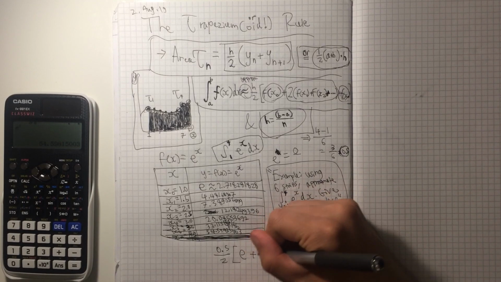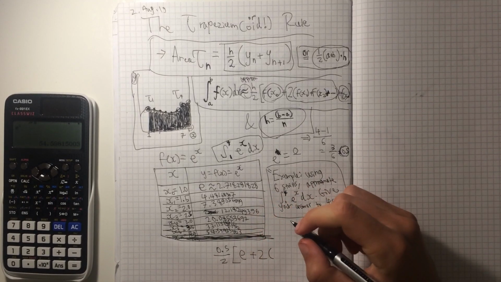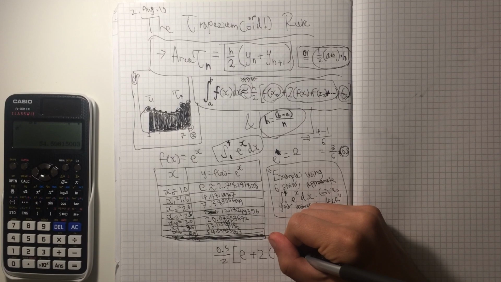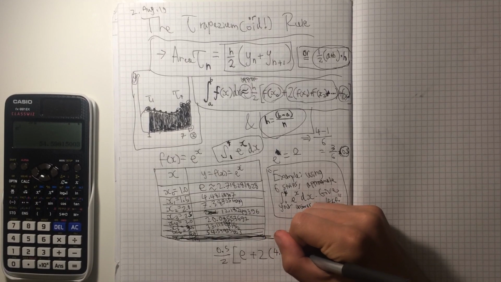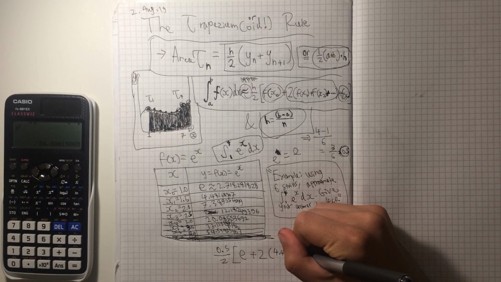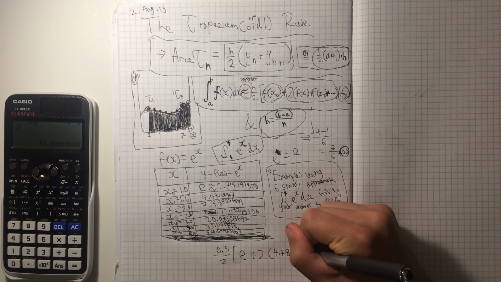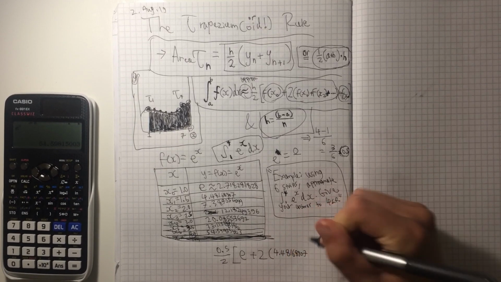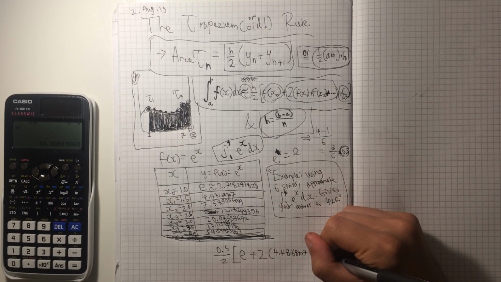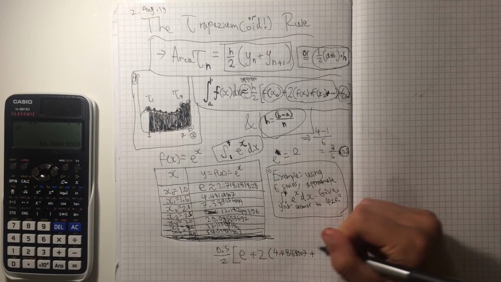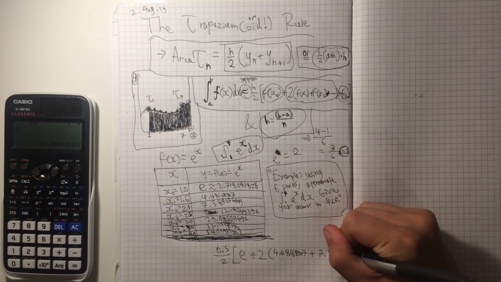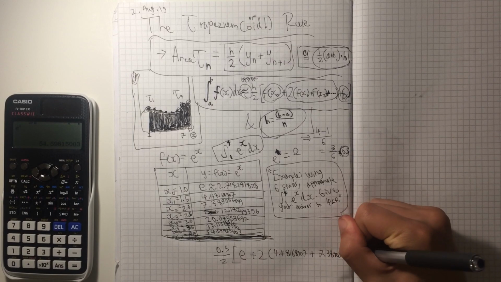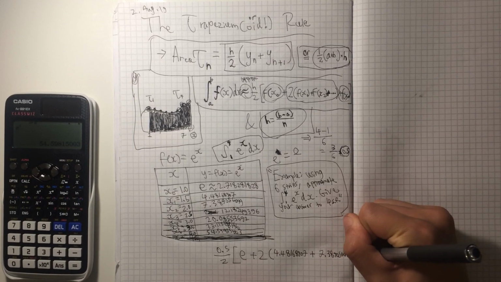Plus 2 times 4.4. Yeah, I'm just going to write this thing out. Plus, yeah, you can get the idea. Just going to quickly write everything here.